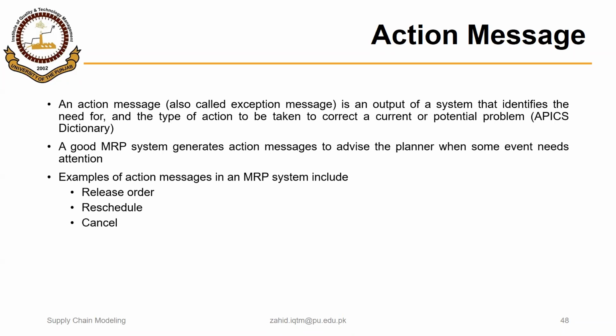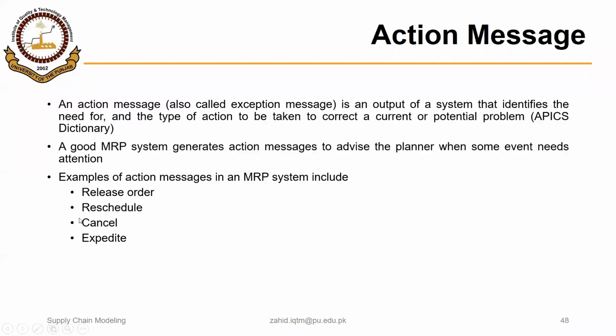There could be different forms an action message could take. They could be releasing an order earlier than would be according to the standard logic. It could be rescheduling the delivery of an item. It could be canceling the order of an item.